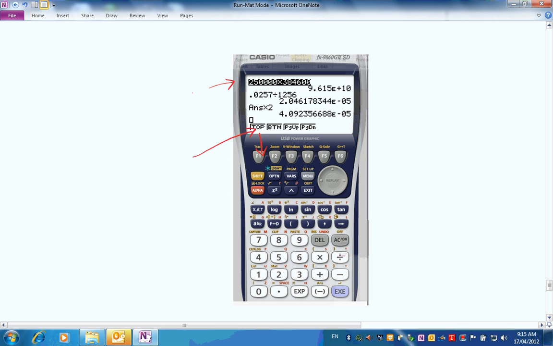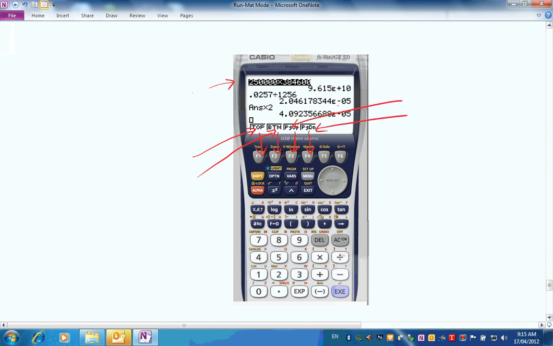There are also other options there down the bottom, and the first one is bottom, the bottom of your page of calculations, or you can scroll up the page or down the page to look at all your previous entries, and of course these are all accessible using the F keys immediately under them.